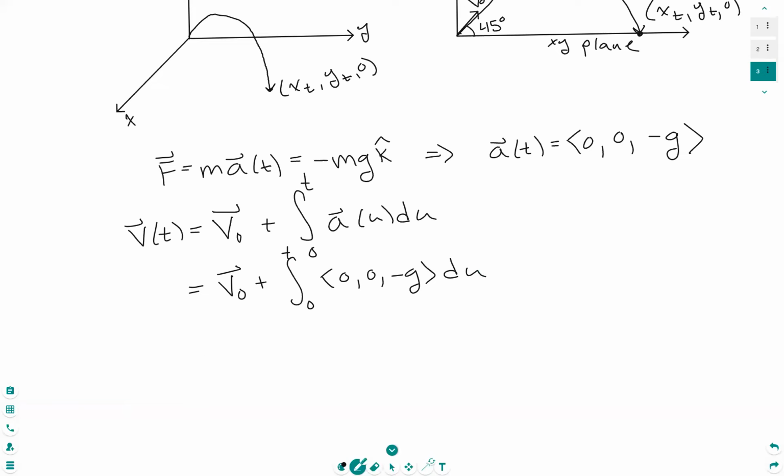Or in other words, this is v naught plus 0, 0, negative g times t.